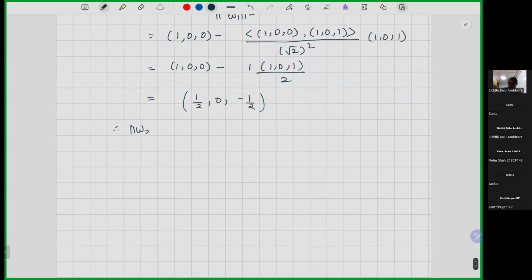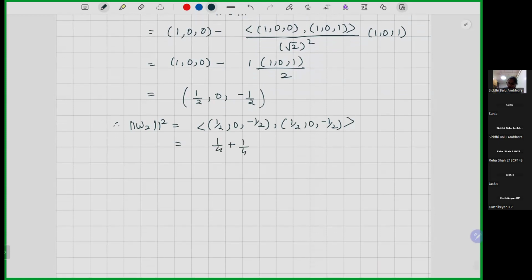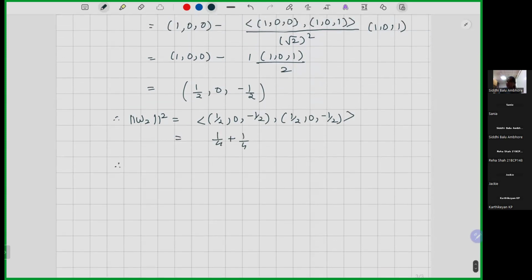Now we have to find the norm of this element, the inner product of (1/2, 0, -1/2) with (1/2, 0, -1/2), which is 1/4 plus 1/4. Therefore the norm is 1 by square root 2, because this is 2 by 4, which is 1 by 2.